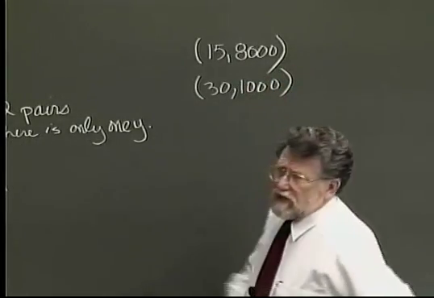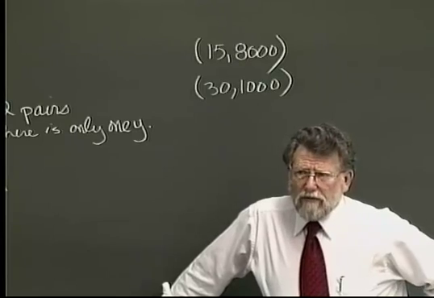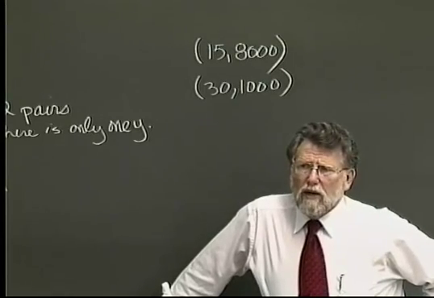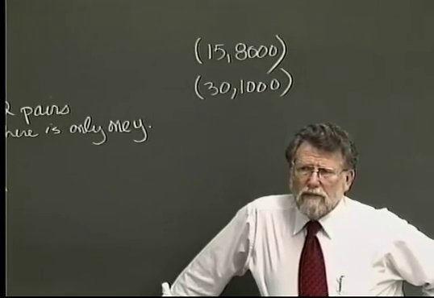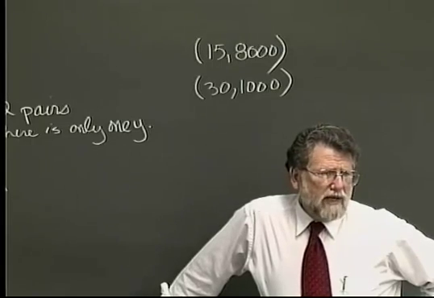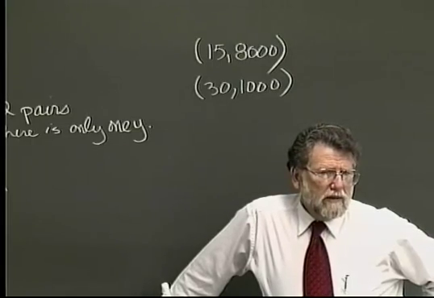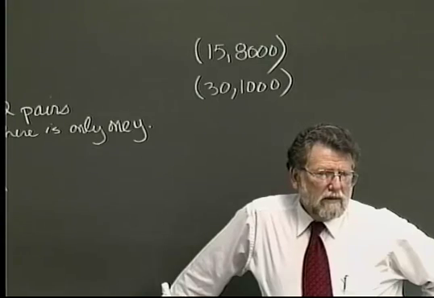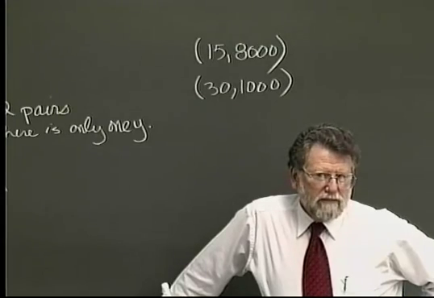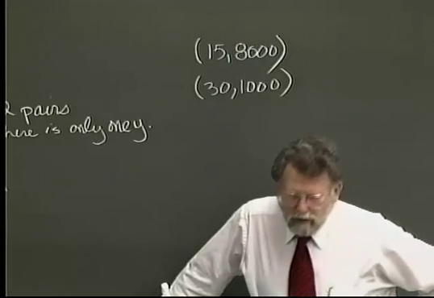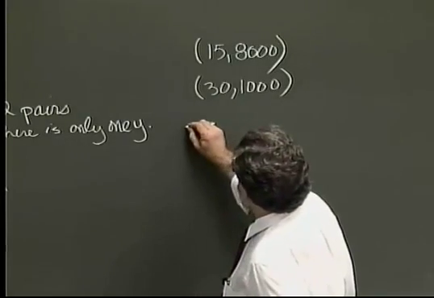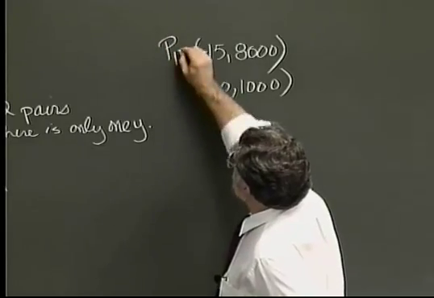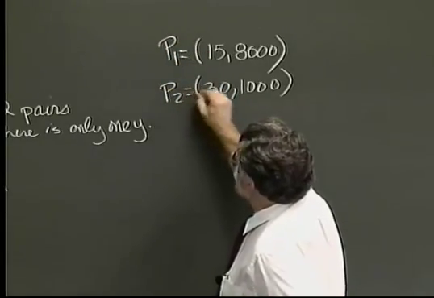Now, do you see in this process, and I avoided using a comma for the 8,000 and the 1,000, that as x goes up, y goes down? Slope is what? Negative. Direct variation. But if I'm looking for the slope, I'm going to call this point 1 and this point 2, correct?